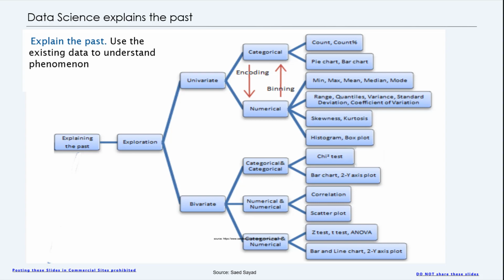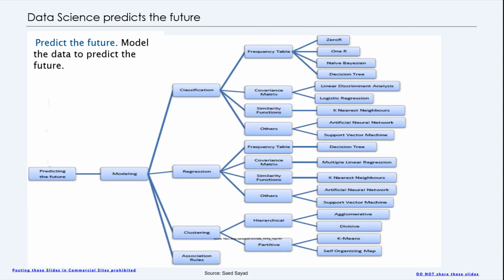So this is really looking at the past. But a data scientist is about predicting the future. So we have to fit a model to the data to predict the future. Predicting the future involves some level of modeling of the data using classification principles or regression or clustering or association rules.